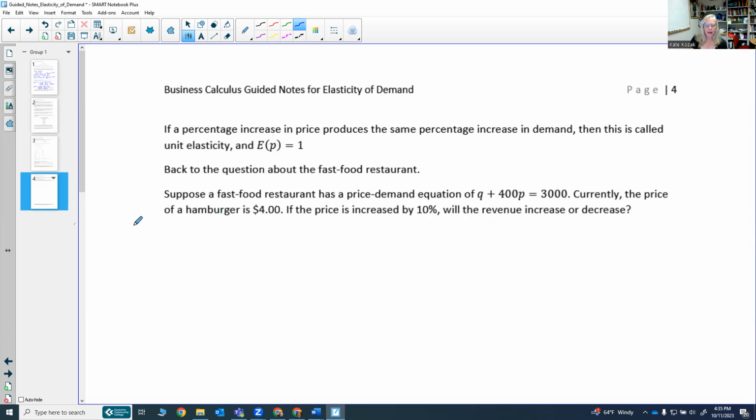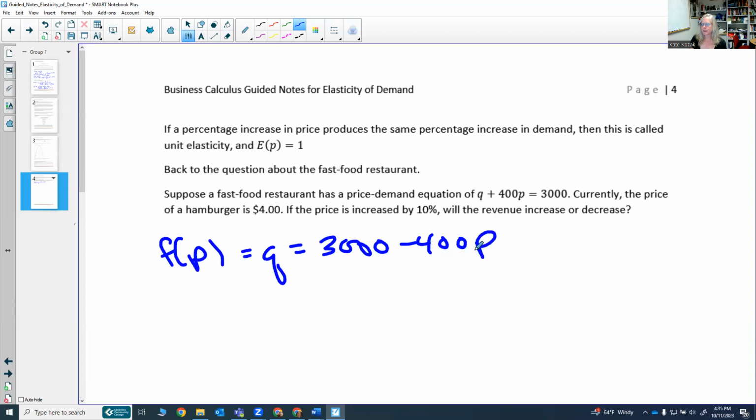So, F of P is equal to Q, which is equal to 3,000 minus 400P. This is the price demand equation solved for Q, and this is the number of hamburgers sold.